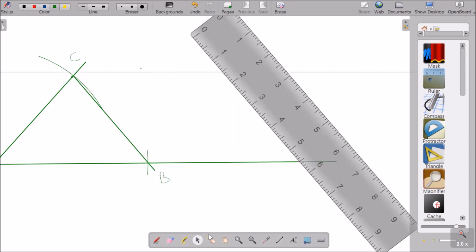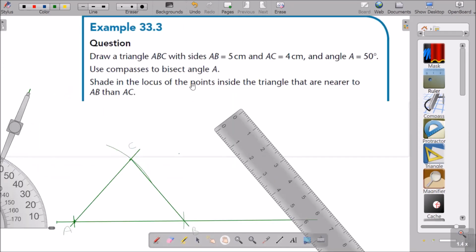There is our triangle. Add the locus of the points inside the triangle that are nearer to AB than AC. So AB is a line, AC is this line. So we want points that are nearer to this line than this line. So what we need to do is to bisect this angle so that we get the set of points that are equidistant from AC and AB.